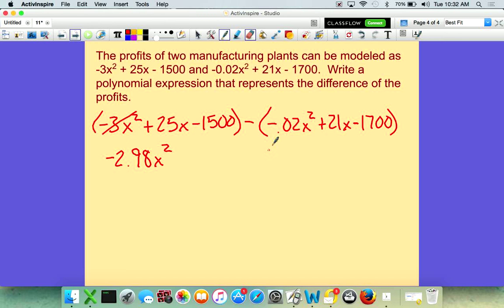So these are gone. 25 minus 21, well that's a positive 4x. And negative 1500 minus a negative 1700, once again minus and a minus make a plus. So negative 1500 plus 1700 would be a positive 200. All right, so this would be the polynomial expression that subtracts these two out.